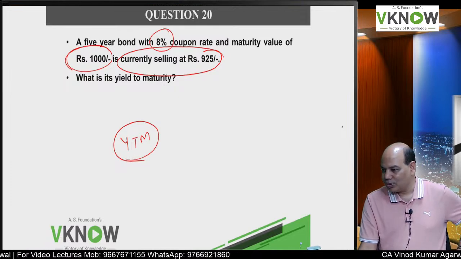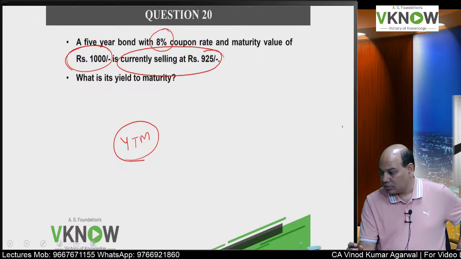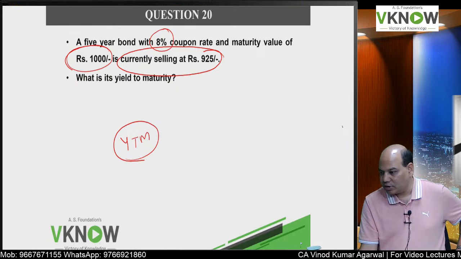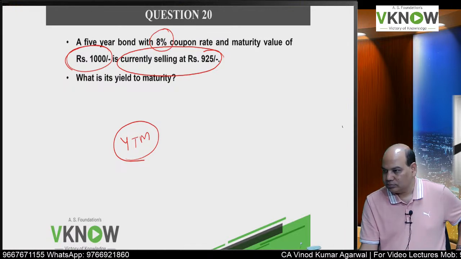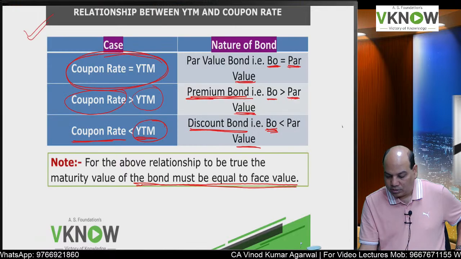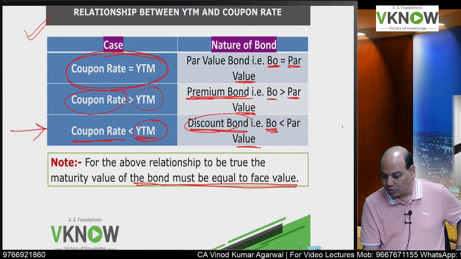Participate. Without solving, you have to give me the answer whether YTM will be greater than 8%, less than 8%, or equal to 8%. See this table. It is a discount bond.